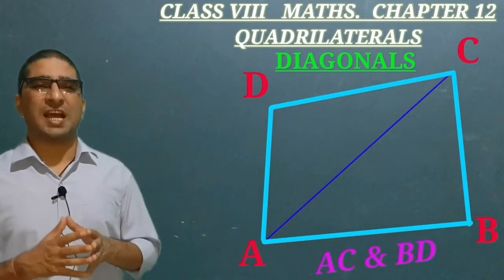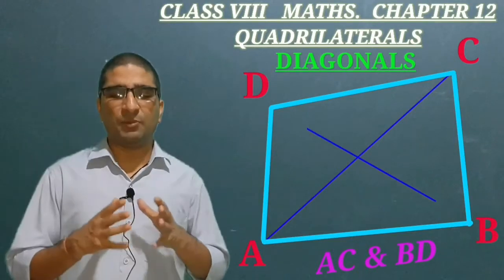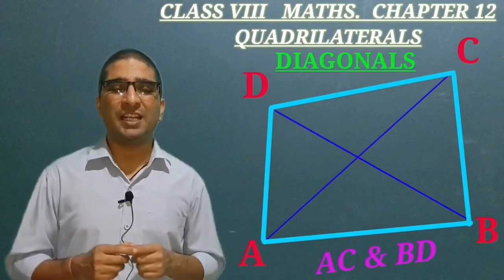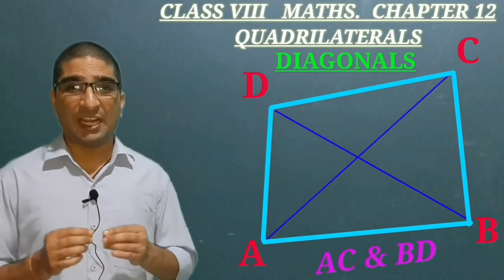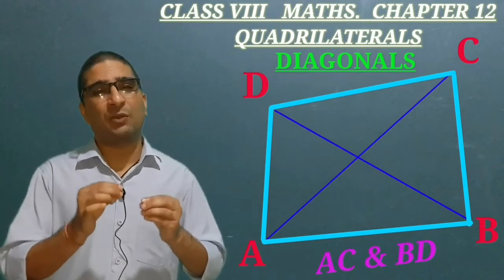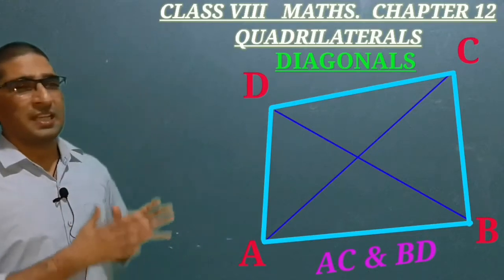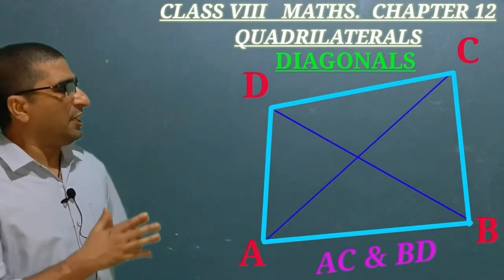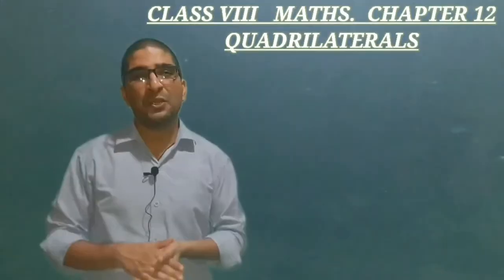Similarly, we can draw another diagonal by joining angle B and angle D. So my dear friends, in a quadrilateral there are 2 diagonals at the most, and these 2 diagonals always intersect within the quadrilateral. In the figure, the diagonals AC and BD intersect at O within the quadrilateral.